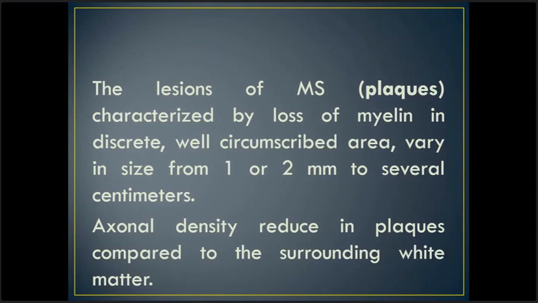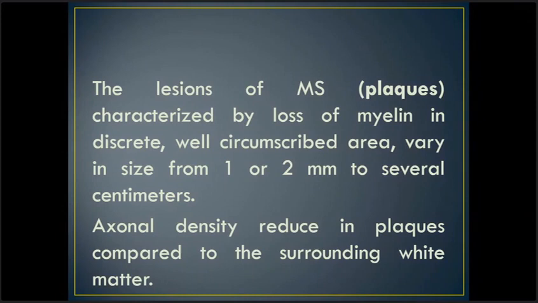The lesion of MS, the plaque, the white dot in the T2 MRI, is characterized by loss of myelin, in discrete, well circumscribed areas varying in size from 1 or 2 millimeters to several centimeters.